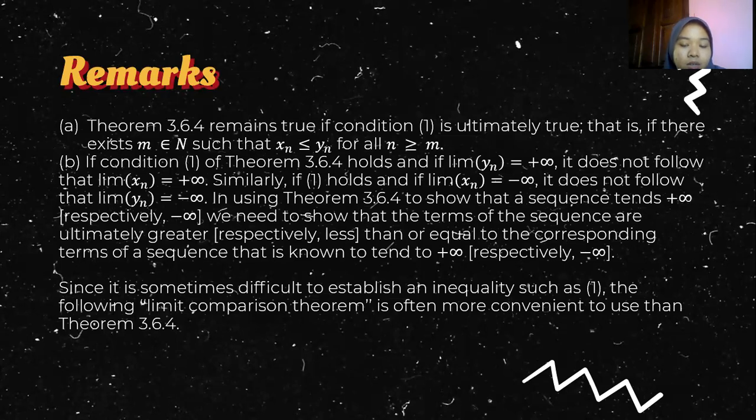In using theorem 3.6.4 to show that a sequence tends to positive infinity, respectively negative infinity, we need to show that the terms of the sequence are ultimately greater or, respectively, less than or equal to the corresponding terms of a sequence that is known to tend to positive infinity, respectively negative infinity.